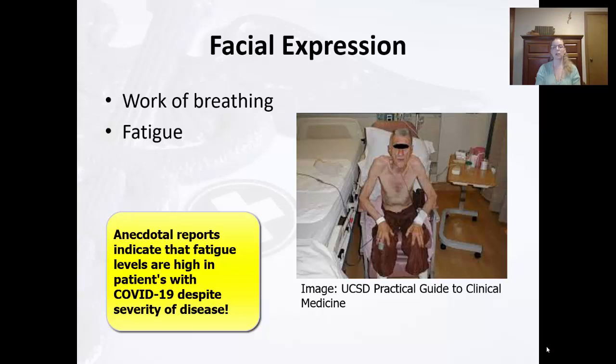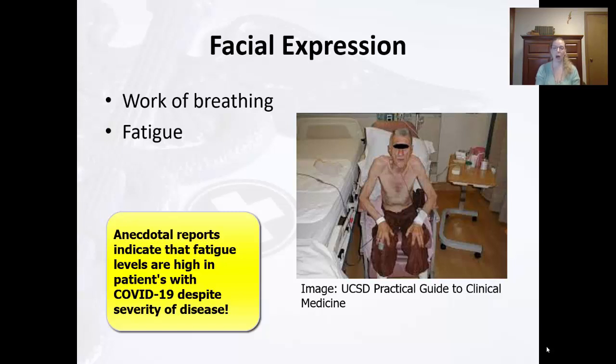All right, let's look at this gentleman as an example and think about how hard he's working to breathe. Think about whether or not you think he's tired. So just looking at him, I can tell that his elbows are resting on the armrests of the chair and his hands are firmly planted in his lap.